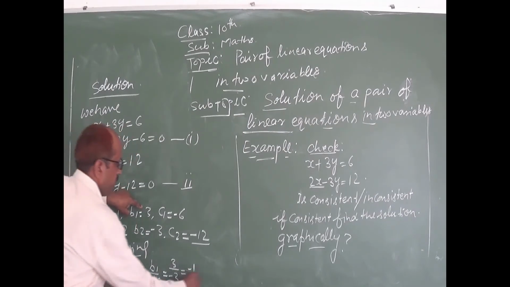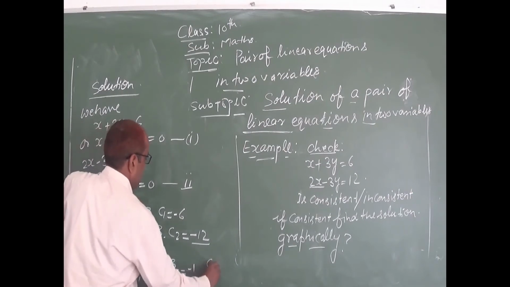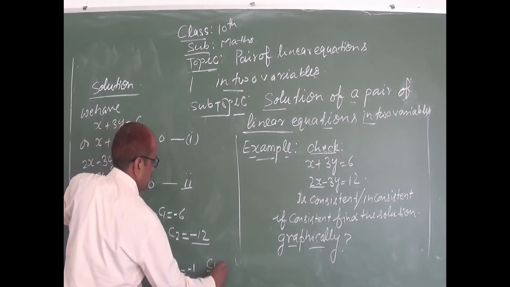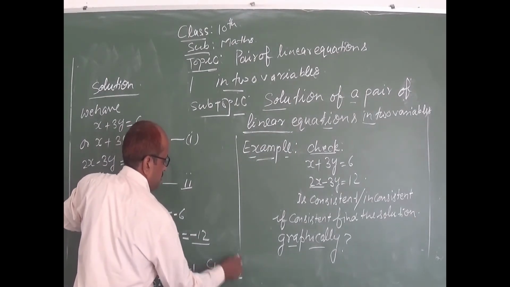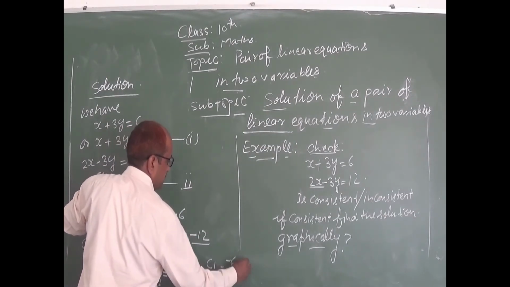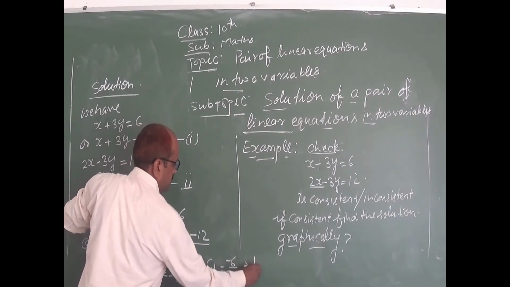And c1 upon c2, that is minus 6 upon minus 12, you can write this is 1 by 2.